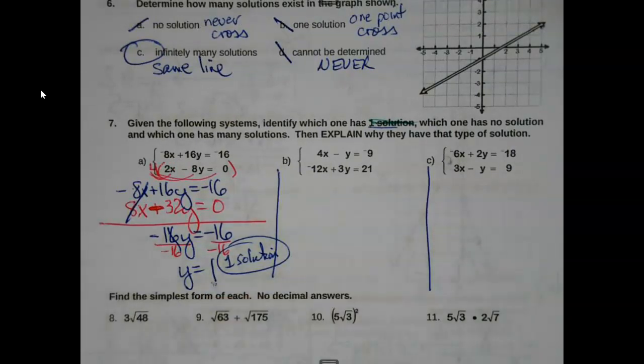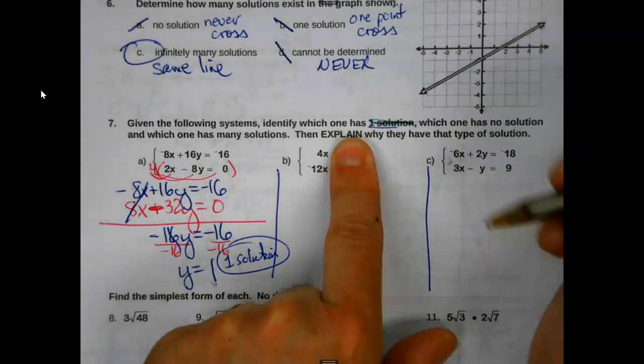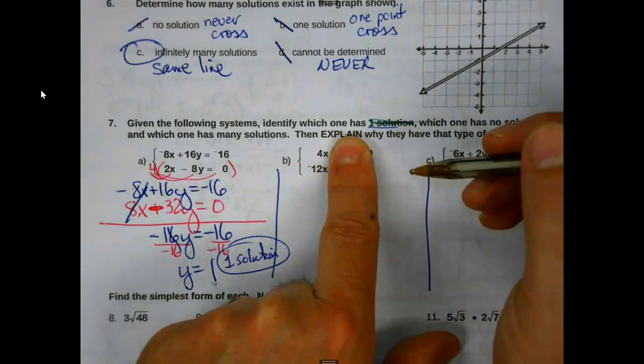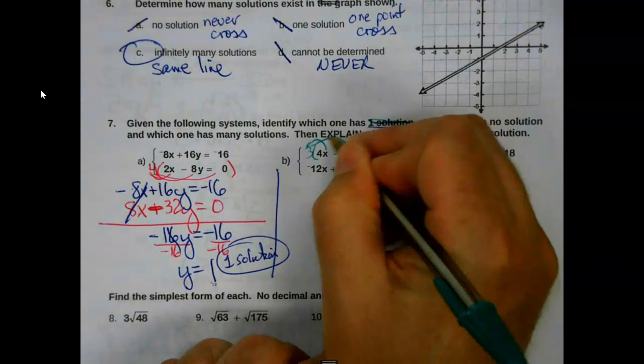So I play the game again on the next one, and I go, okay, I'd love for that to be positive 12. So it's going to be 3. So I do the 3. I do the thing.